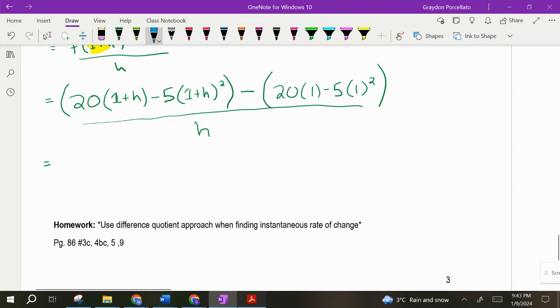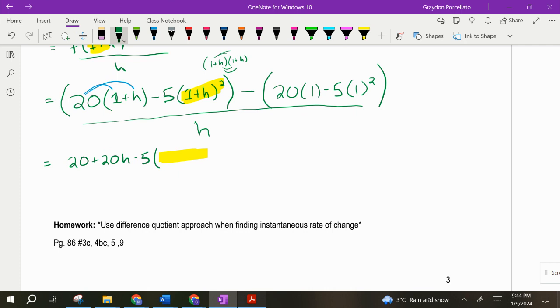So first part here, I'm going to multiply my 20 into this bracket. So I get 20 plus 20h minus 5. I'm now going to expand this bracket here. You could just write this as 1 plus h, and FOIL it.